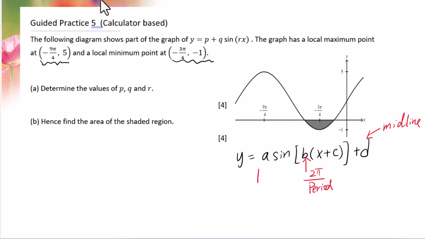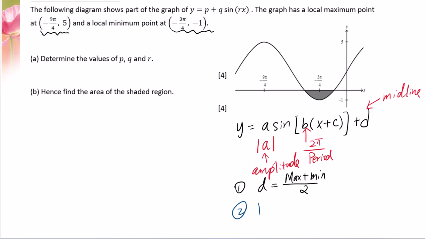The absolute value of a we call the amplitude. At the very beginning, we will figure out the midline: d always equals (maximum plus minimum) over 2. Then the period is always equal to 2 times the absolute value of the x coordinate at maximum minus the x coordinate at minimum.